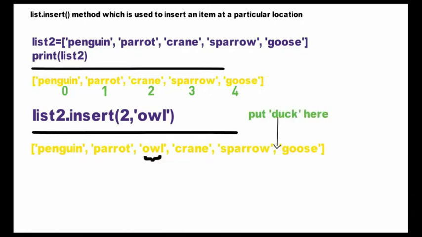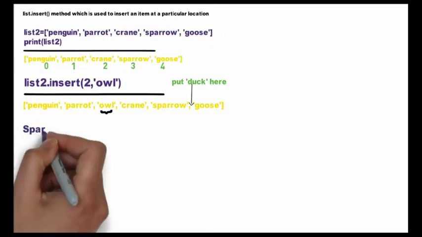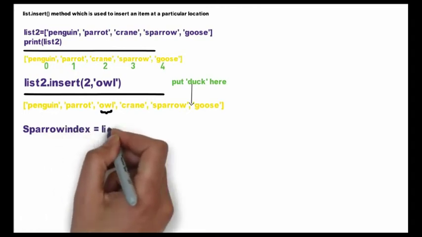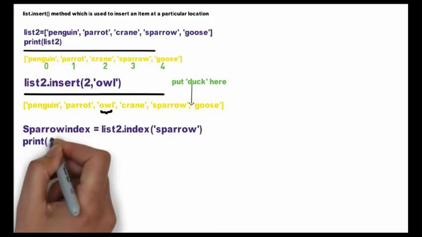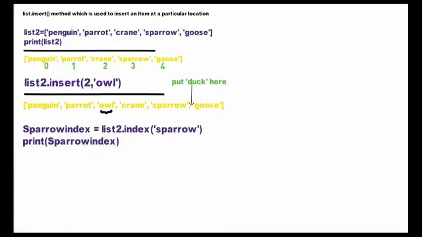Let's say we want to insert duck after sparrow. In order to do this, we need to get the index of sparrow. The list.index method can be used to fetch the index of an item in the list. So let's use it. sparrow_index equal to list2.index("sparrow").